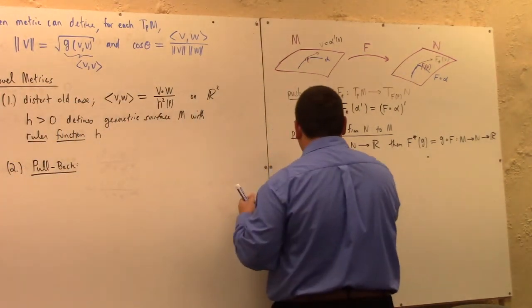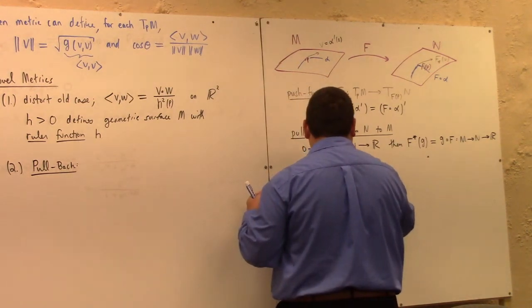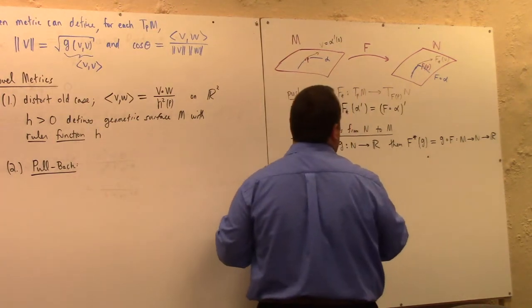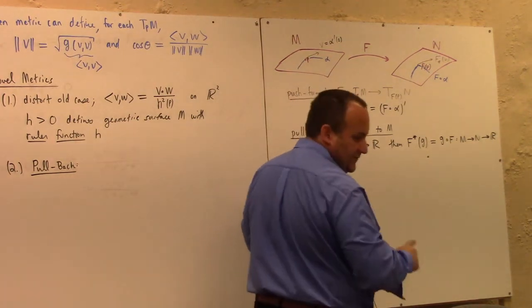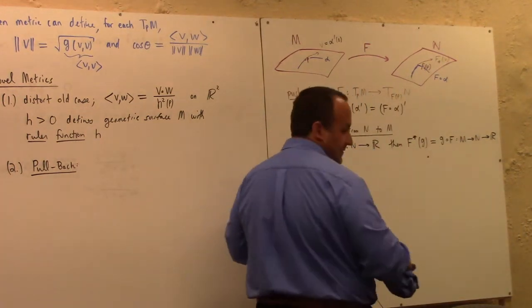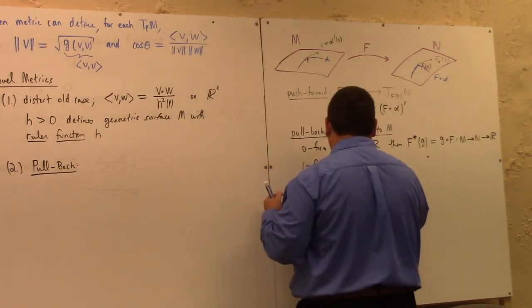One form. If we have, let's say, alpha. Oh, I've already used alpha as a curve. I'll use some other letter. What should I use for one form? How about, I don't know, gamma?